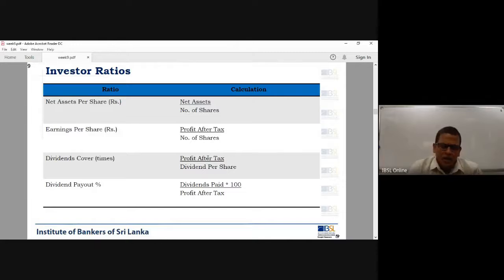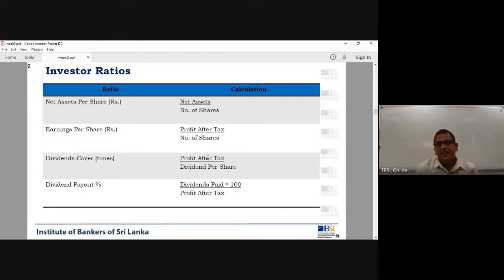For example, if a company has a profit after tax of 100 million and let's assume they have 10 million shares, then the earnings per share will be 10 rupees.